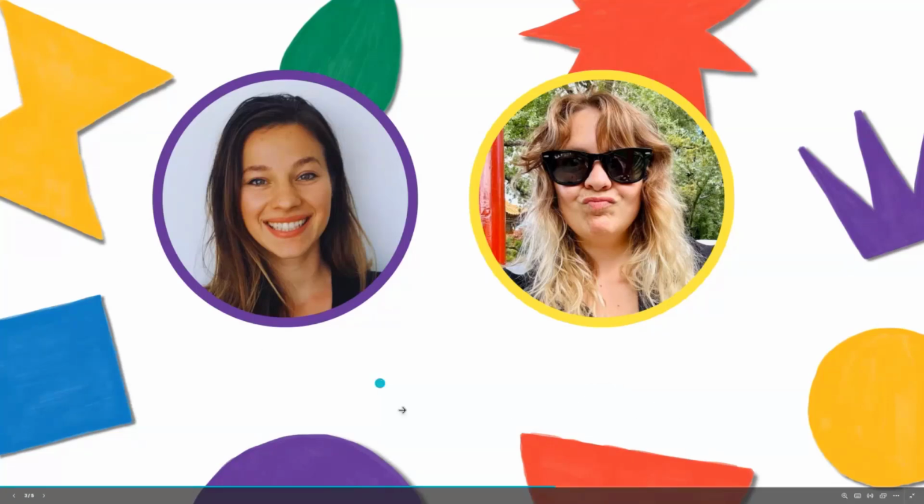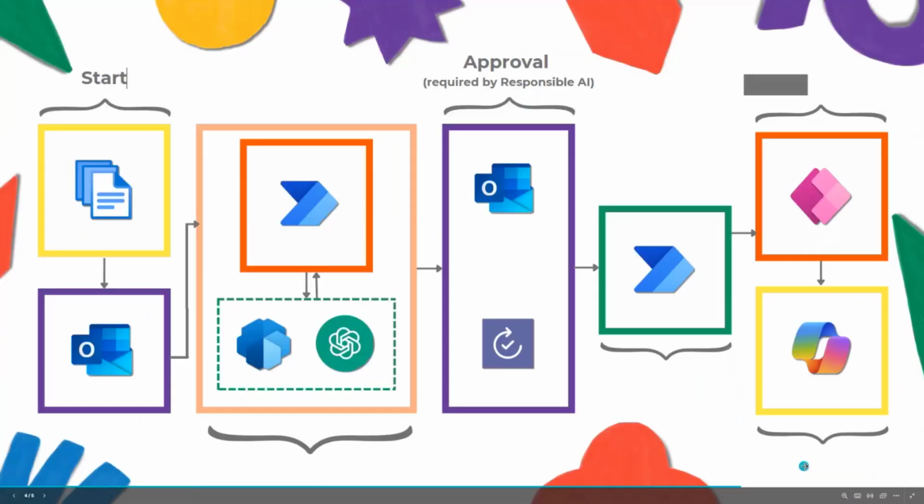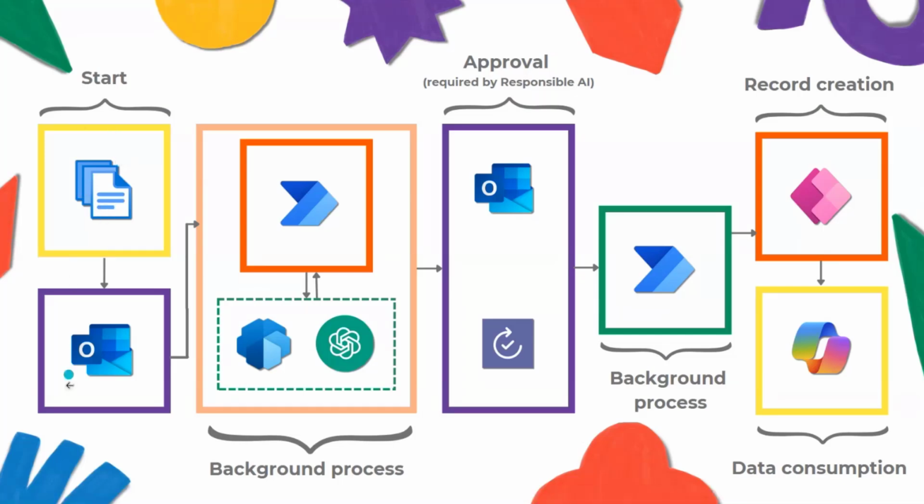What I would like to share with you is this user and how the flow works. I'm happy to discuss it afterwards, but I think we should spend time on the architecture of the solution, which follows and which we can also share with you. The process starts with a document coming through an email.